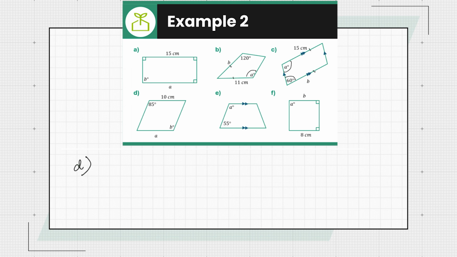If we look at D, we have a rhombus. And that means A is also equal to 10 centimeters. And B must be equal to 85 degrees because these two pairs of angles must be equal.